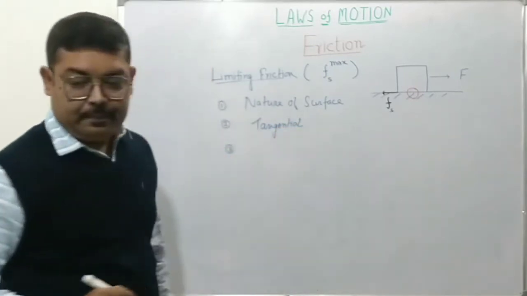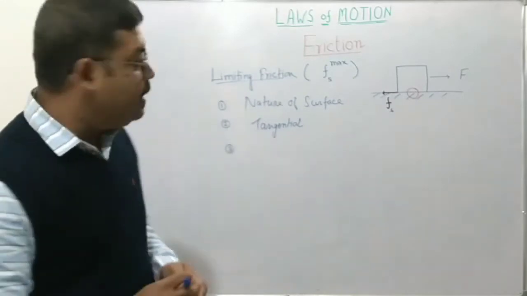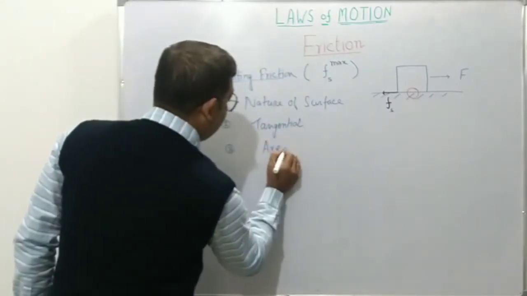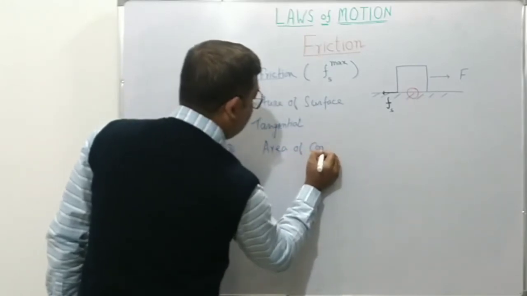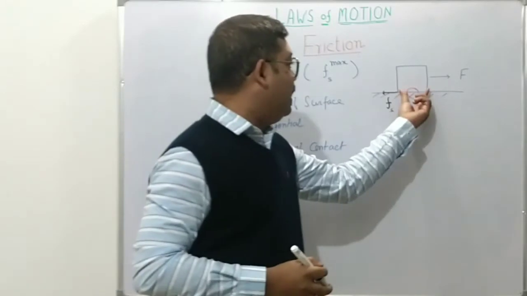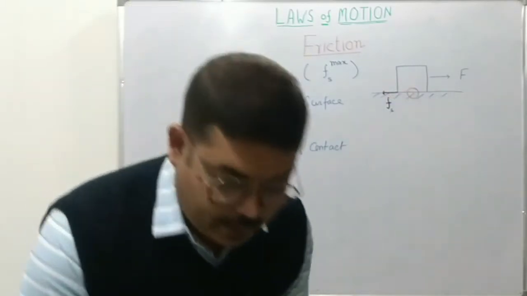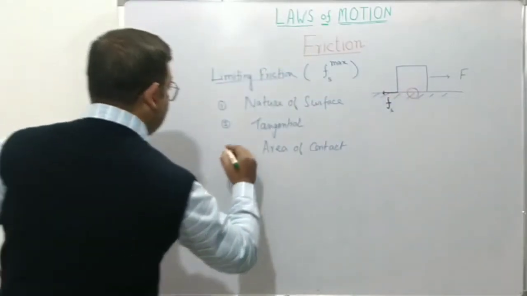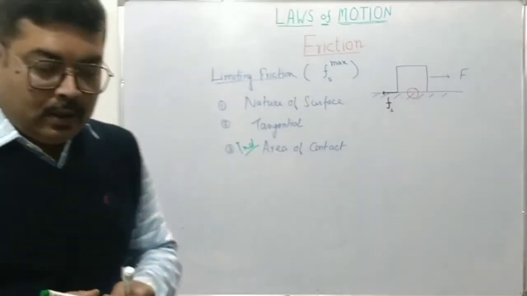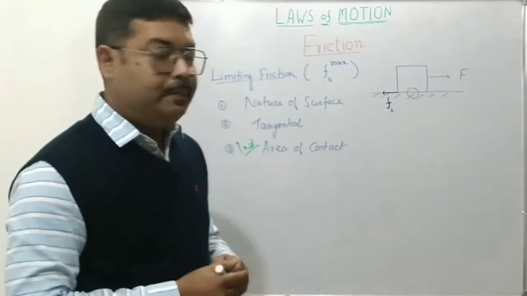Number three is that it doesn't depend on the area of contact. So what is the area that is in contact doesn't matter to the friction, independent of area of contact. Say you have a piece of brick.